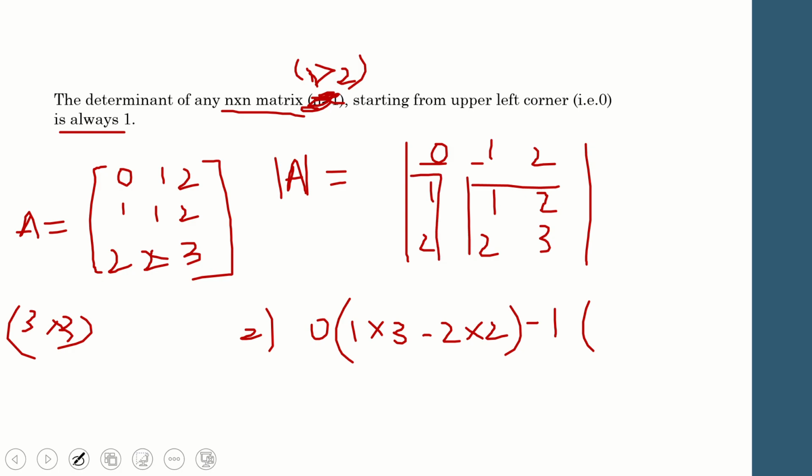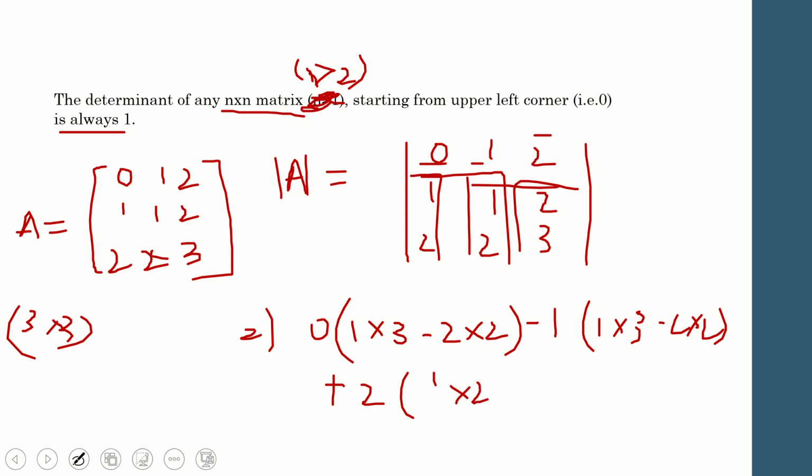Now you consider this and this, so 1 into 3 minus 2 into 2, it is 2. Now consider this with again changing sign, plus 2 into, you will get this 1 into 2 minus 1 into 2.